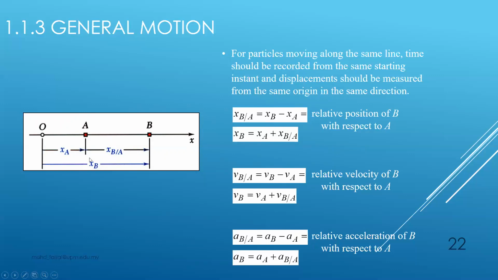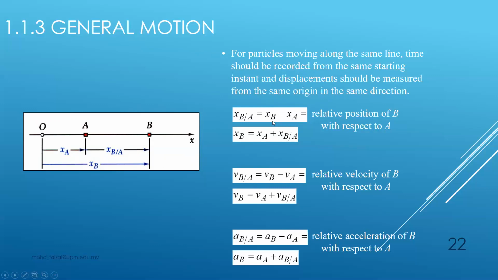And the total distance from O to B, we can say it is XB. This is how we write it in mathematical form, where XB with respect to point A is equal to XB minus XA.